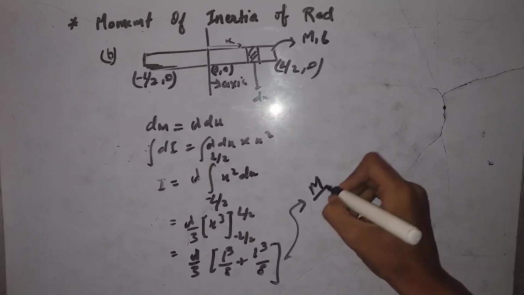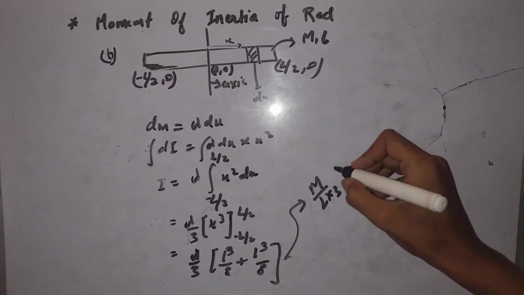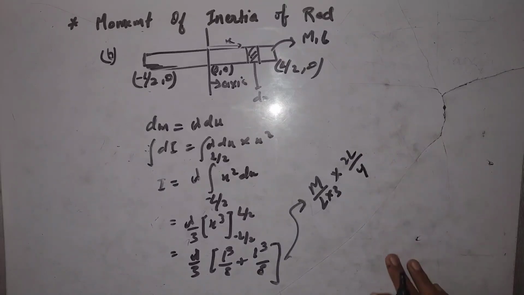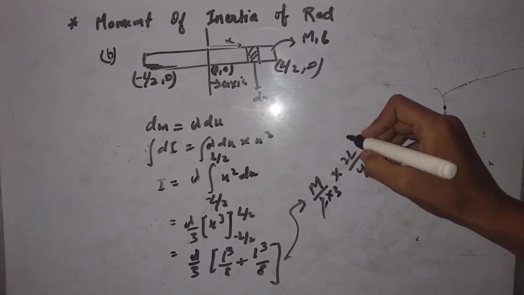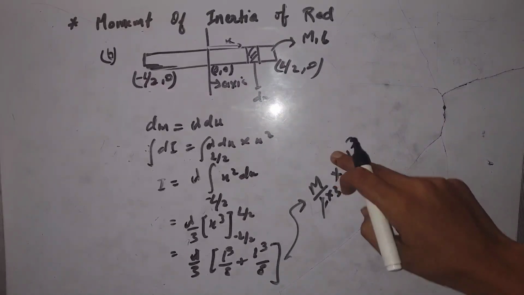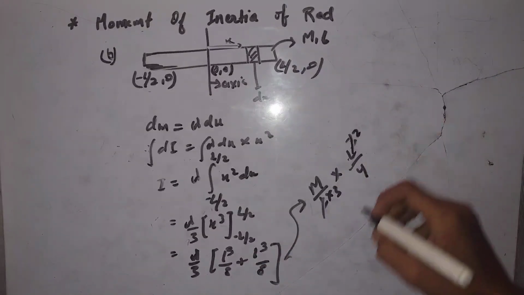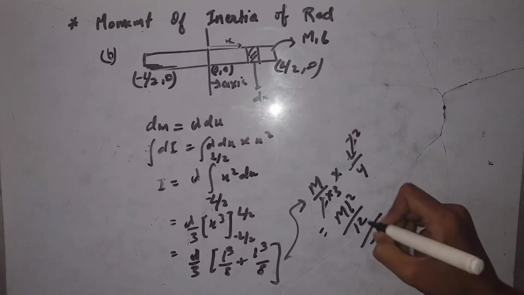We can write lambda as m by L, into the extra 3 here, into L cube by 4. So this L cancels with L square, and the answer becomes ml square by 12.